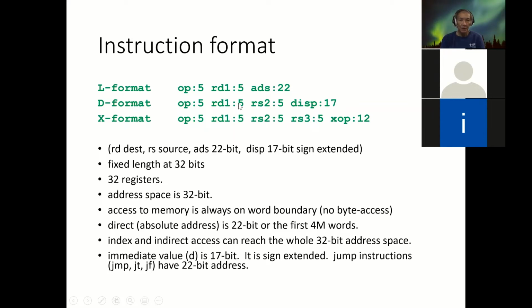And if you notice, we have 32 registers, so we need 5 bits to specify it. You don't have to worry about these details because when we program, we write in assembly language. We are not going to worry about how big this number is. But if you know about this, then you know what is the largest number you can use in that kind of instruction.